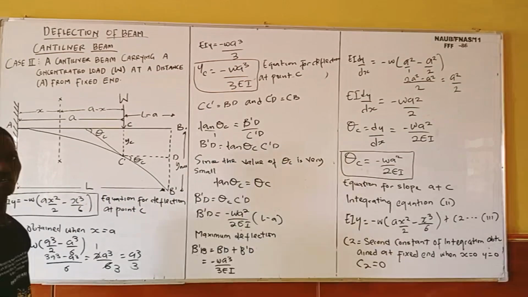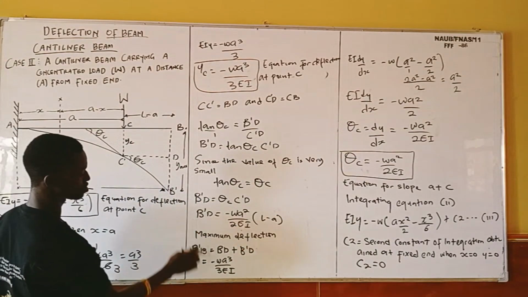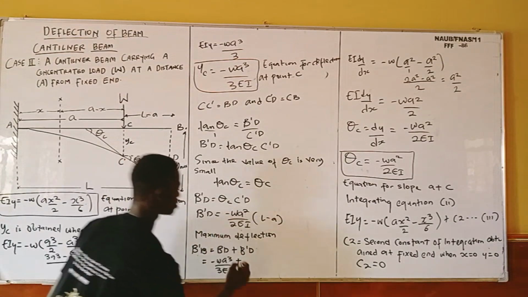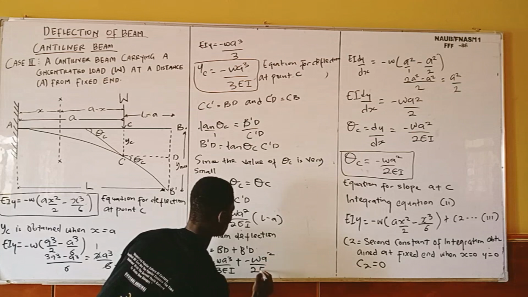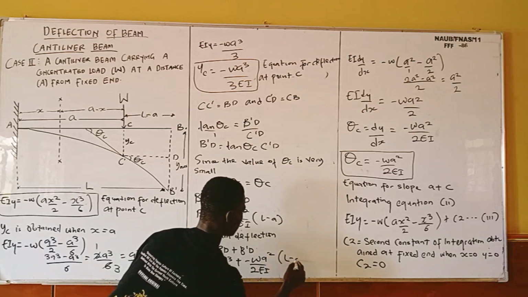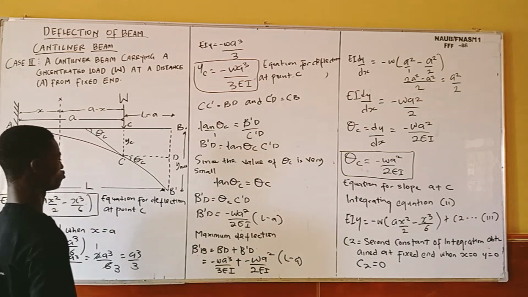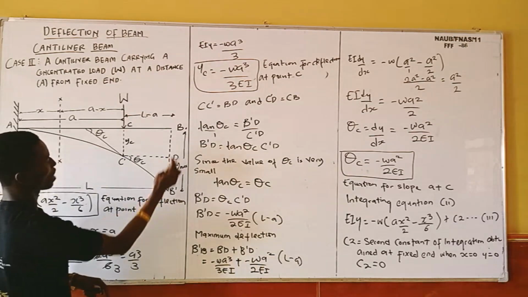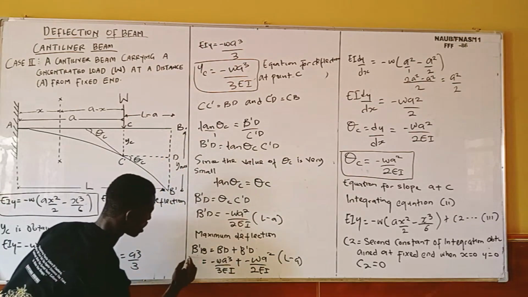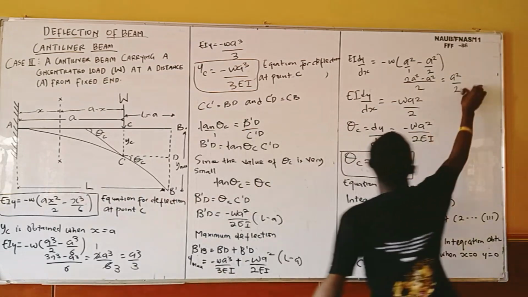This is our BD. So our B prime D, which is here, we are going to add: minus WA square over 2EI times L minus A. So we have negative and negative here, which is our Y maximum. So B prime B is Y maximum.